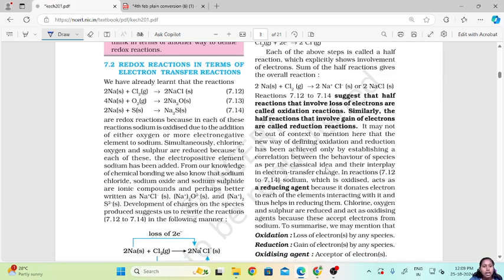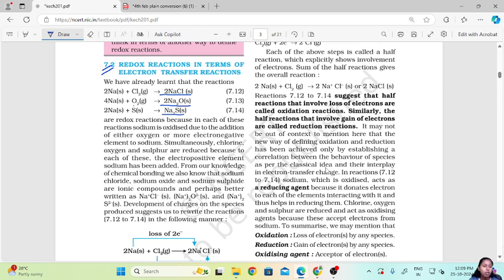Now redox reaction in terms of electron transfer reactions. We have already learned the reactions: sodium and chlorine give you sodium chloride. Sodium and oxygen give you sodium oxide, monoxide. Then we have disodium sulfide.